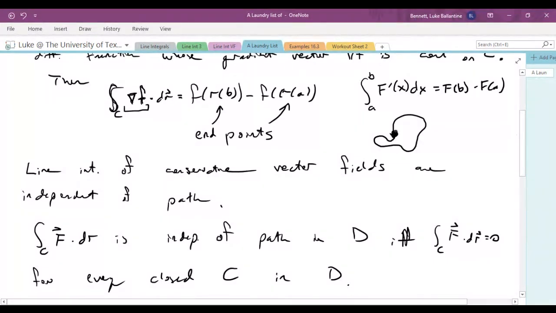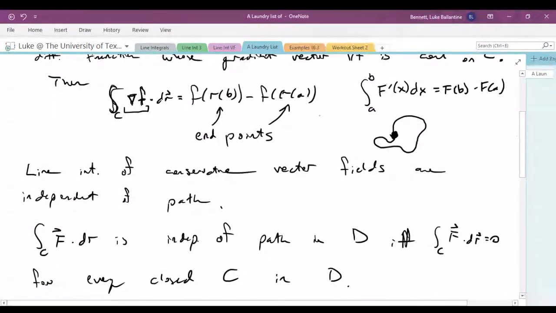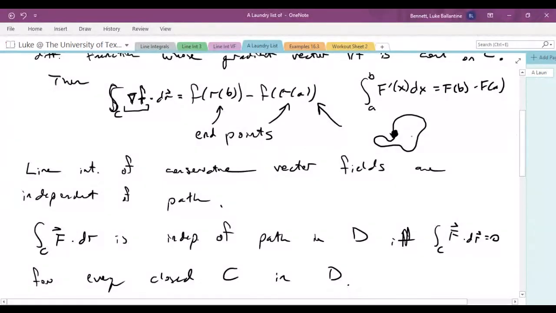Well, if we use this logic right here, then we'll just get f of r of b minus f of r of a, where r of b and r of a are the same. So we get f of x, y, z minus f of x, y, z. That will necessarily be 0 because it's the same f at the same points.